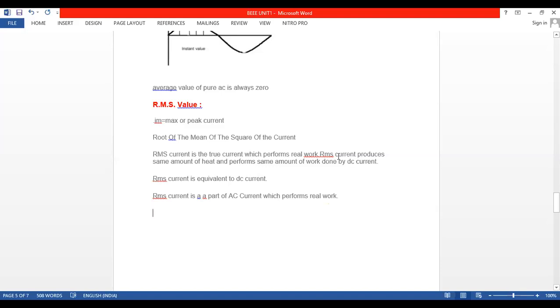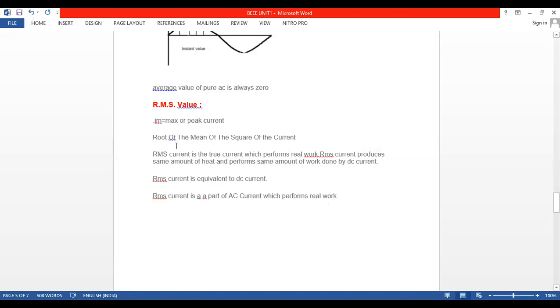Okay, so RMS current produces, anyone read out? The same amount of heat and performs the same amount of work done by the DC current. Right, very good. Whenever RMS current flows through the bulb or through the wire, after a certain period of time, if you touch that wire, it gets heated up. So that is a proof that RMS current is flowing.